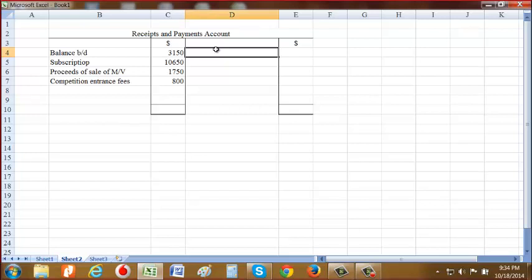Now I am going to record payments. Payments will be recorded on the credit side. So the first payment is what? Purchase of new motor vehicle. How much did I pay? $10,000. Isn't it? Next is what? Competition prizes.